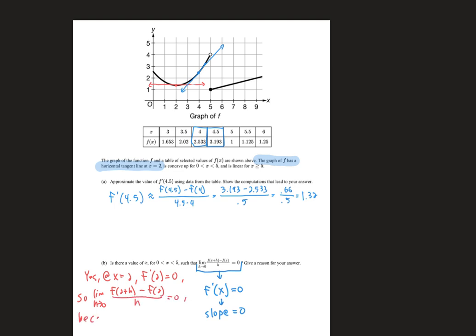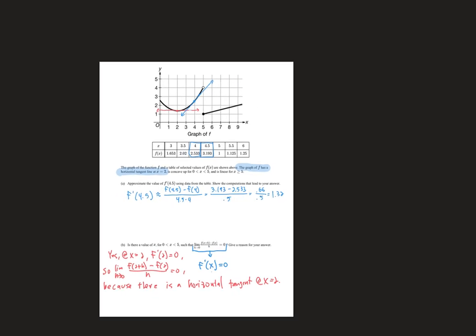And this is because there is a horizontal tangent at x equals 2. So yeah, the derivative equals 0 because there's a horizontal tangent at x equals 2. And if the tangent is horizontal, then the slope is 0. And that means the derivative is 0.